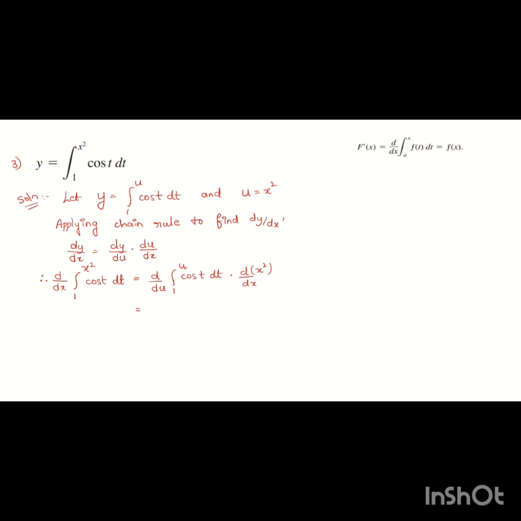So we proceed. You can see it is in the required form, d/dx of the integral from 1 to u of f of t dt, whose value will be f of x.